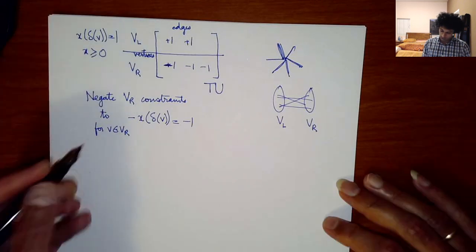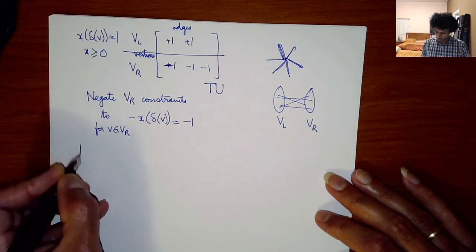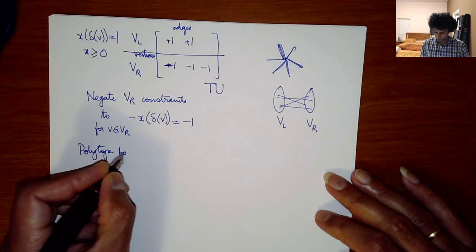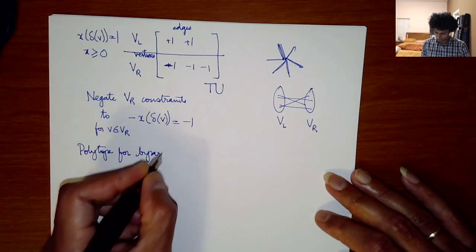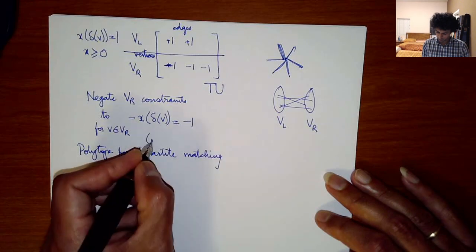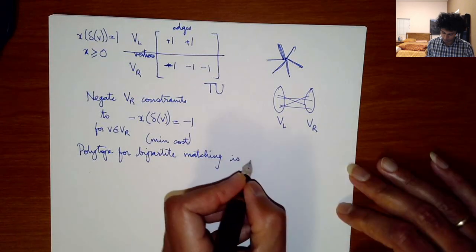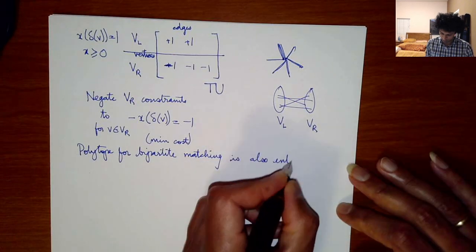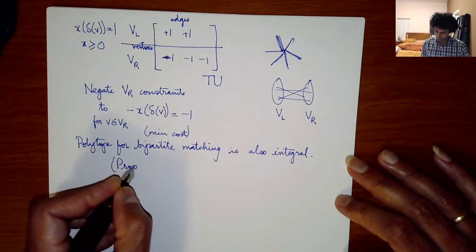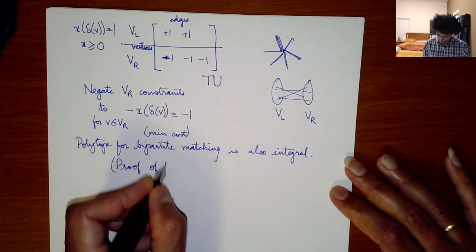But essentially, because this matrix is totally unimodular, the polytope for bipartite matching, technically for min cost bipartite matching, is also integral. And this gives you an alternate proof, I guess a more complicated one, but a unified proof of Birkhoff's theorem.